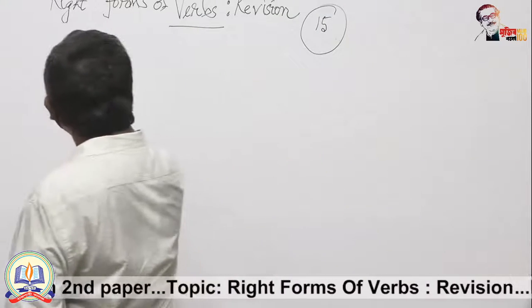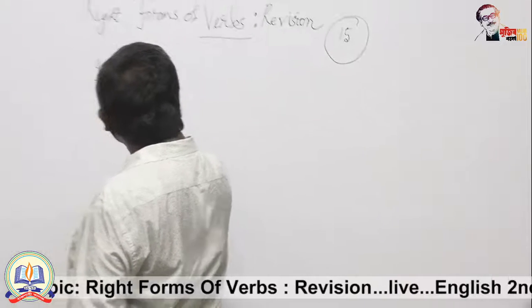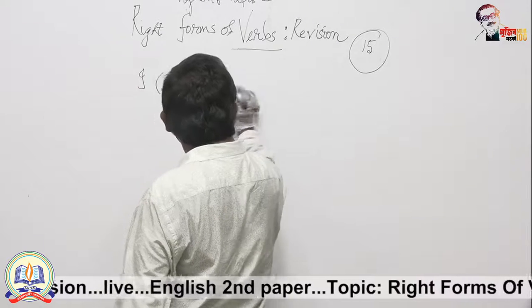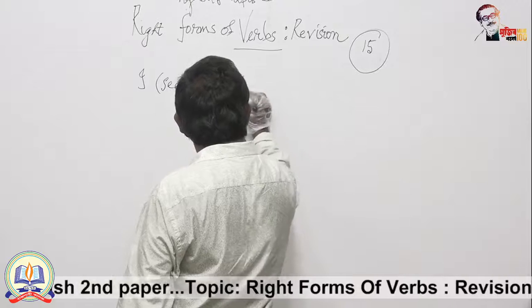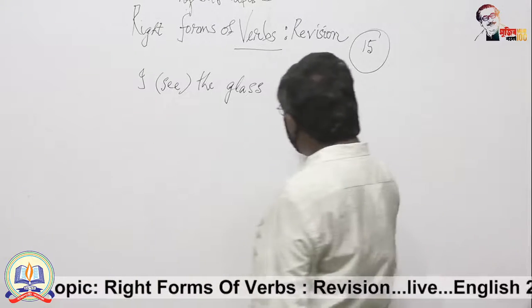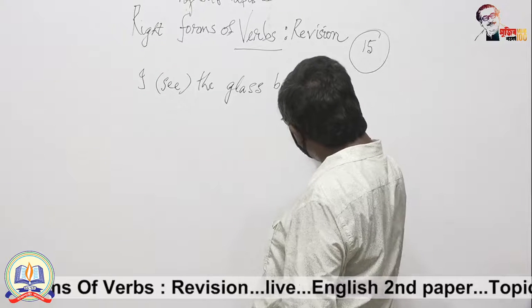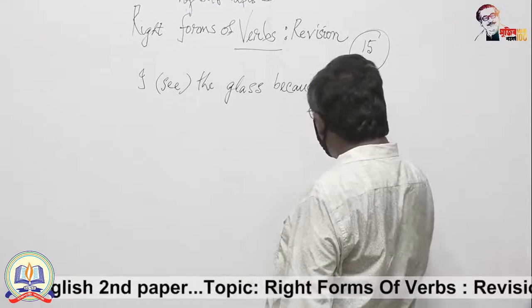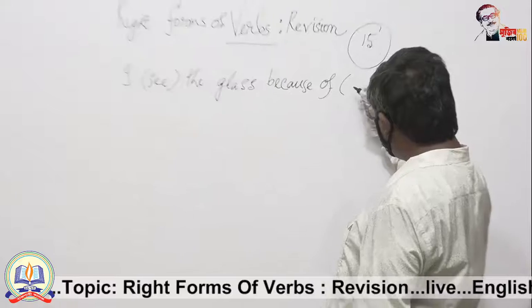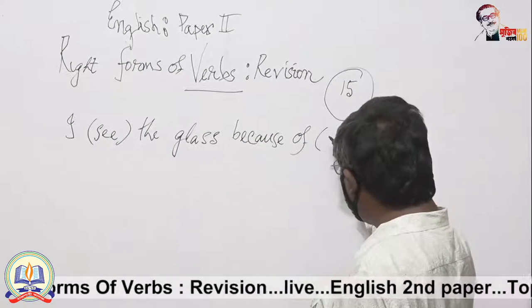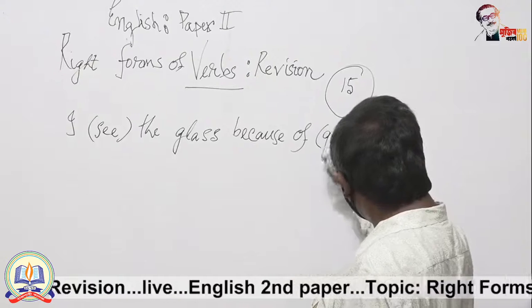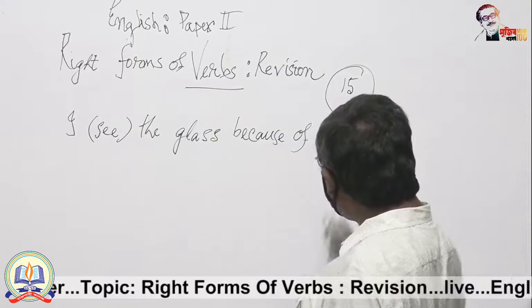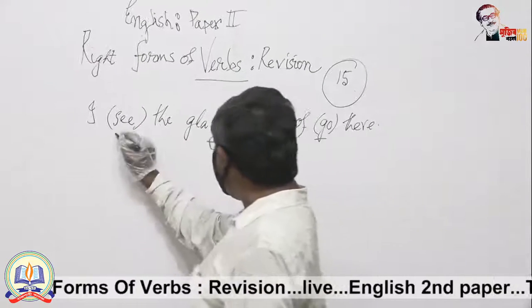For example, we have two verbs in this sentence, see and go.